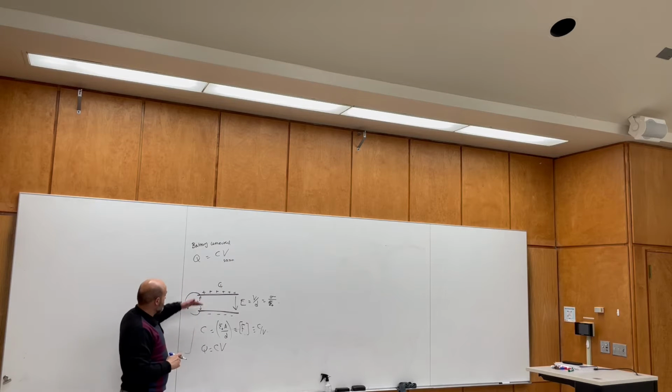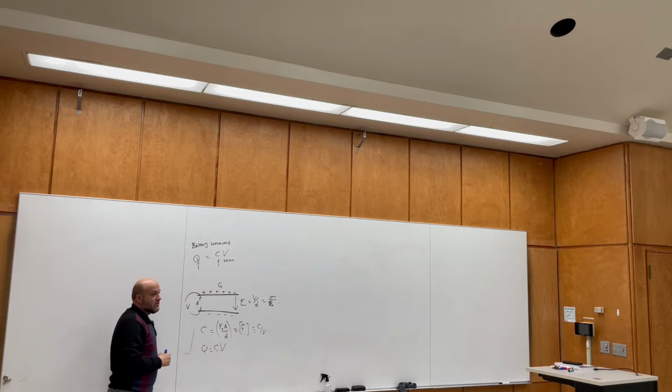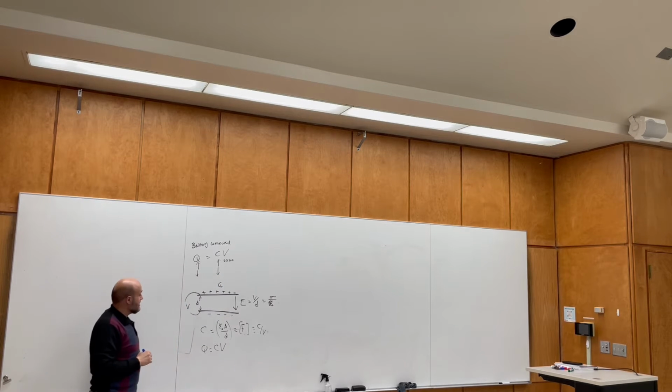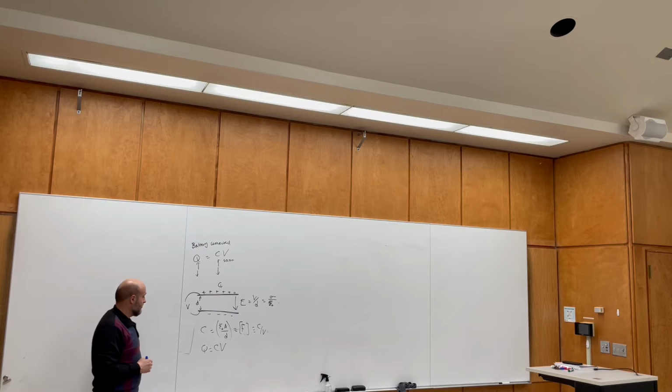We did the example when we reduced the distance, and C increases, and then Q is going to increase as well. If you decrease C, Q decreases. Because when the battery is connected, V stays the same, and whatever you do with C, the same thing happens to Q.